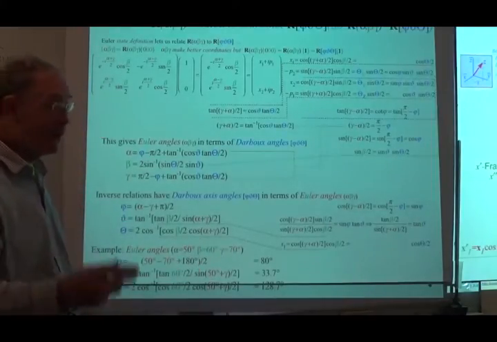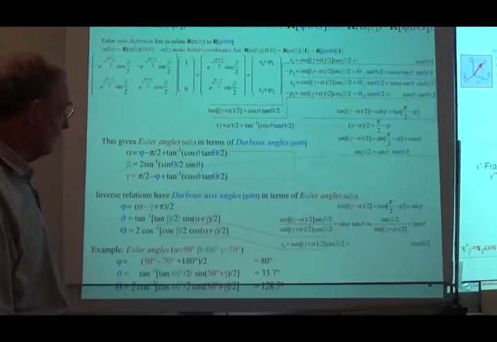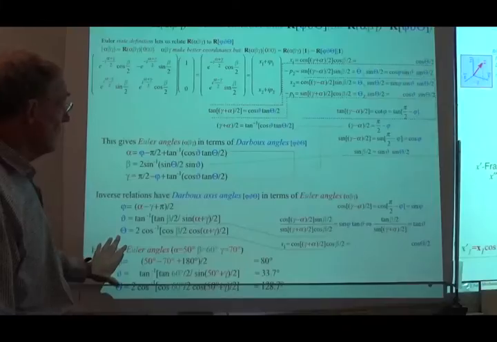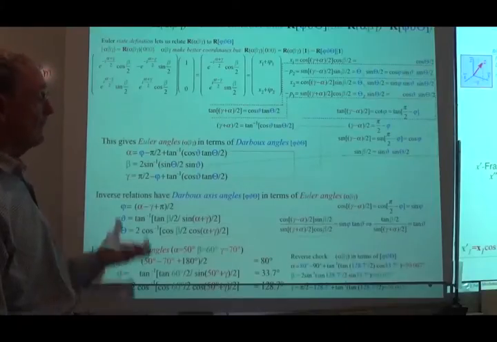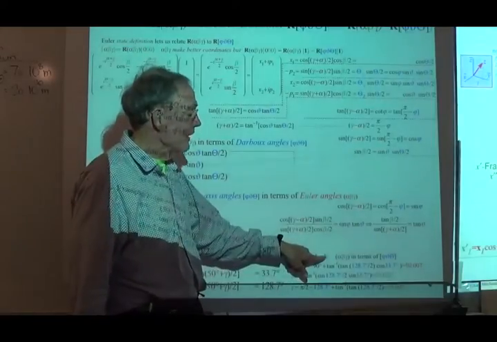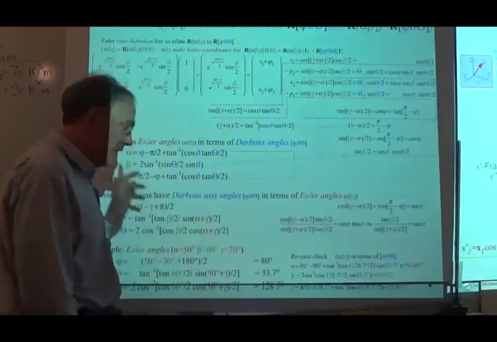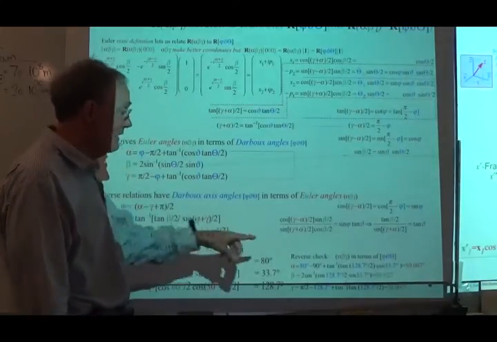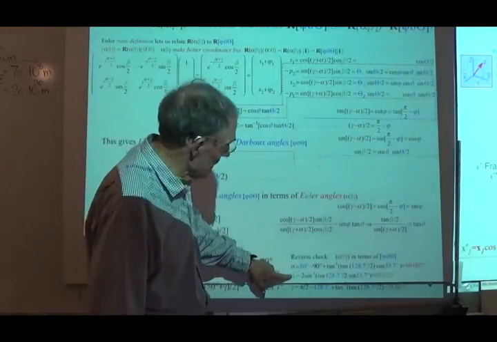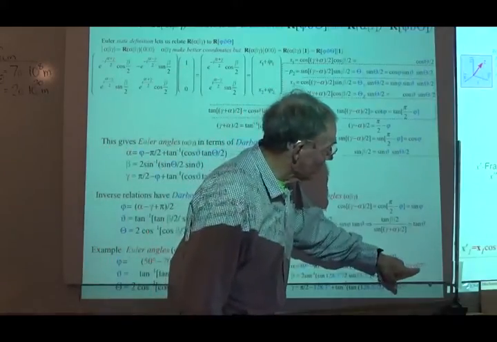But we try it with a machine and it works. We'll show pictures of that shortly here. But as far as doing a calculation with a computer or a calculator, it's worthwhile doing a reverse check using alpha, beta, gamma in terms of those angles. Okay, so I get an alpha, beta, gamma of 50.007.